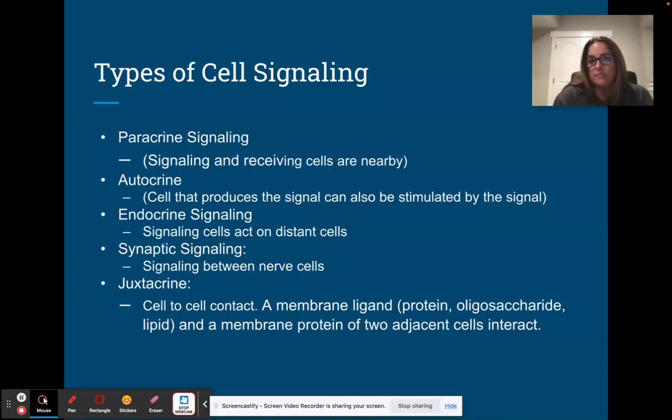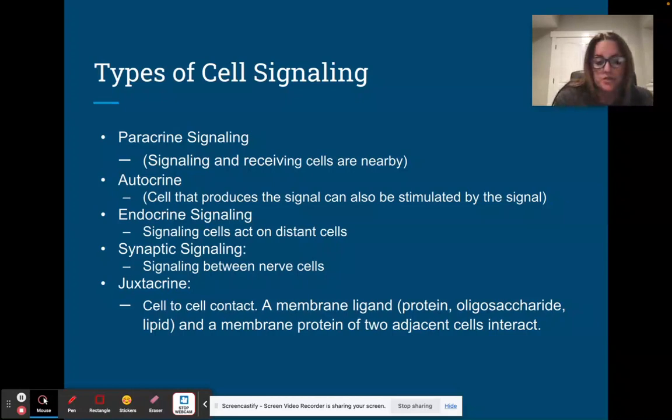And nerve cells have 2 different modes of communication. They will pick up chemicals, and then that stimulates an electrical response along the length of the nerve cell. And then at the end, it'll produce more chemicals that float across the space until it hits the receptor of another nerve cell. So synaptic is any kind of signaling between nerve cells.